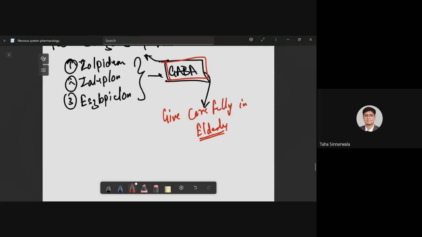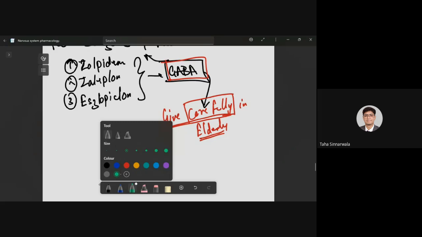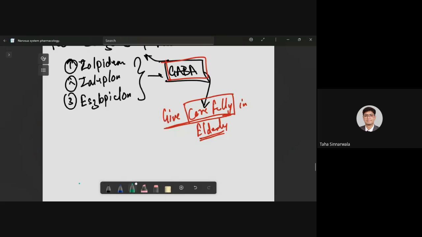I'm not saying you don't want to give these medications, but give it carefully so that the patient won't fall down, the patient won't have any kind of delirium. And if you can be sure of that, then sure, give that medication.